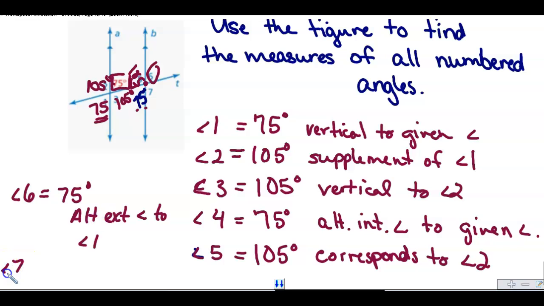And finally, angle 7. If we take a look at angle 7, let's compare it to angle 3. What do you notice about angle 3 and angle 7?